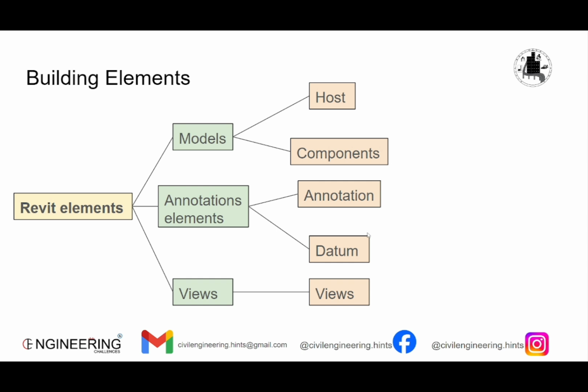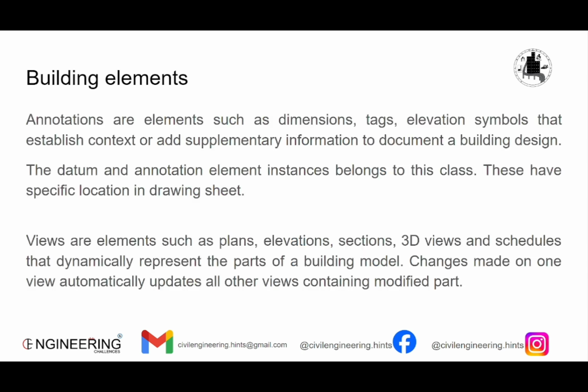Views are elements such as plans, elevations, sections, 3D views, and schedules that dynamically represent the parts of the building model. Changes made to part of a building in one view are automatically updated in all the views that contain this part. This is a very important topic in the CAD to BIM concept.